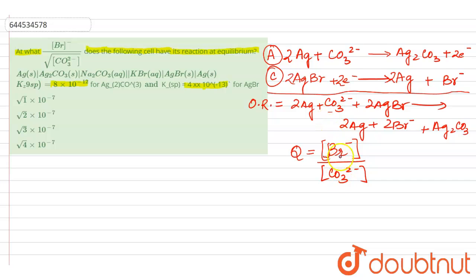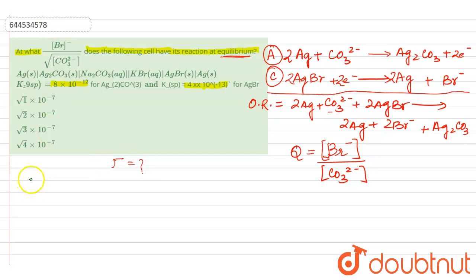So the ratio would be like this because the reaction is proceeding at equilibrium. Now, as we know, what they are asking over here is the square root of CO3 2 minus, which means they are asking the under root value.